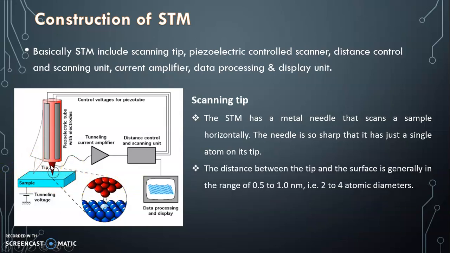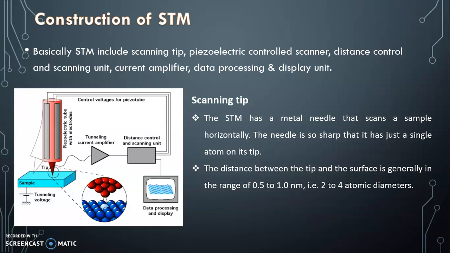The distance between tip and surface generally ranges from 0.5 to 1 nanometer. That means the distance is very small, but there is definitely some gap. There is a gap, it should not touch that surface.